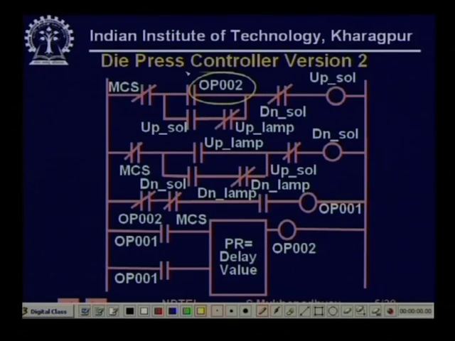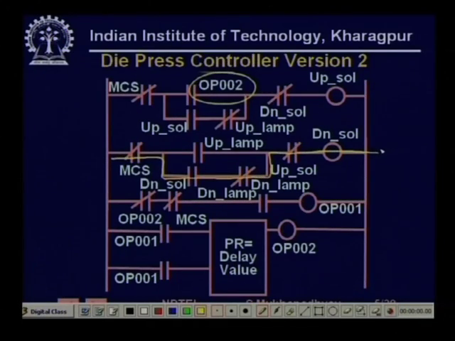Now, suppose the down solenoid was on. The connection was coming like this.